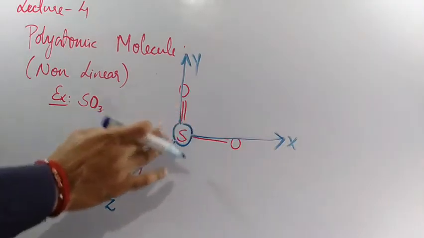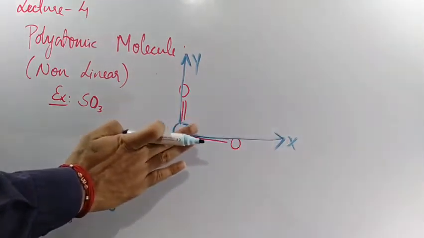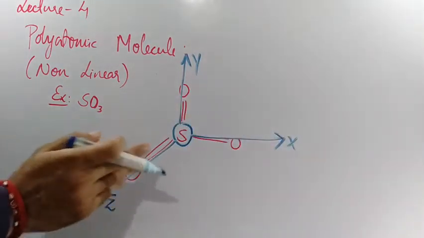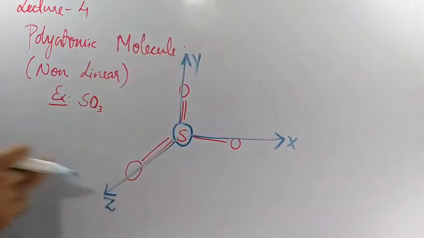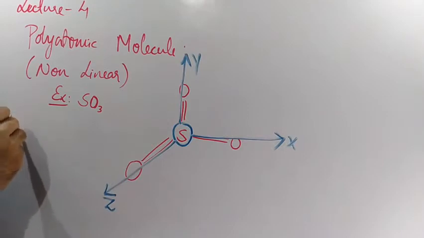If this SO3 molecule is moving completely along X-axis, Y-axis, Z-axis, what equation should I write for kinetic energy then? So total energy, which is nothing but the internal energy of molecules.